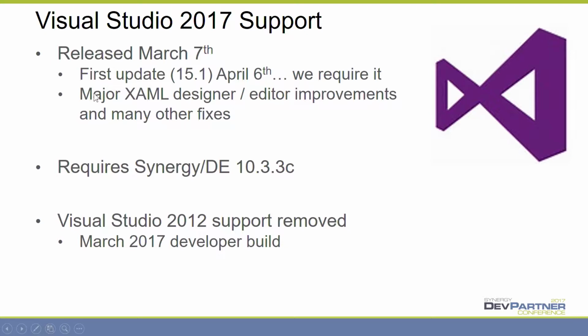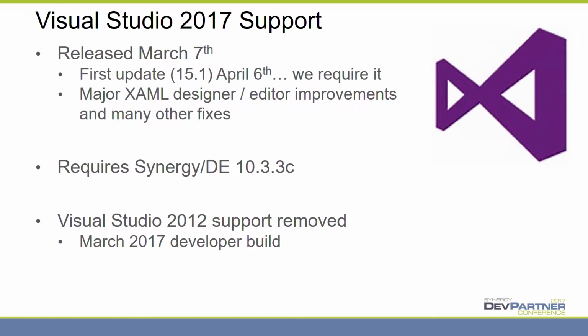Another major focus of the C release was to formally support Visual Studio 2017, which was released back in March. Microsoft really quickly realized they still had some fairly major issues once they released Visual Studio 2017, particularly in the area of the XAML designer and editor. So their first major update, 15.1, came very quickly after. It was about a month after the product was initially released.